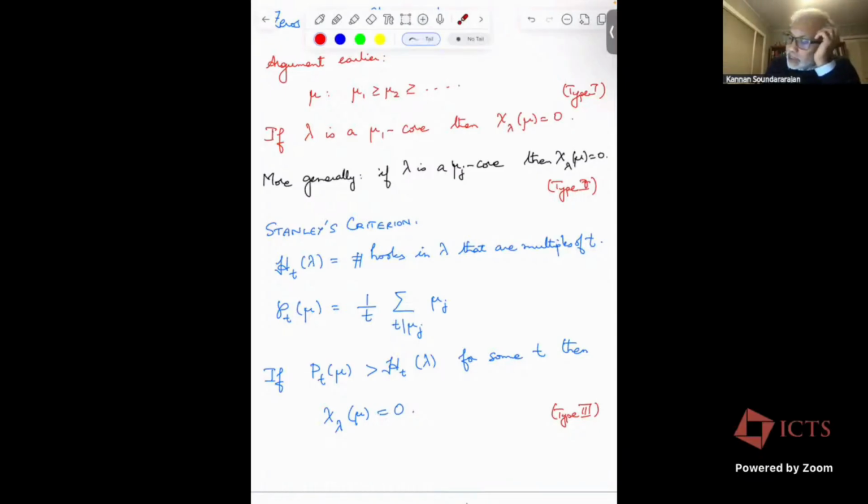One way in which this can happen is that if mu contains a part of size t, then this will be at least 1. And if lambda contains no hook length of size t, then that will be 0. And that's the earlier case that we have, that if mu has a part of size t and lambda is a t-core, then the answer is 0.